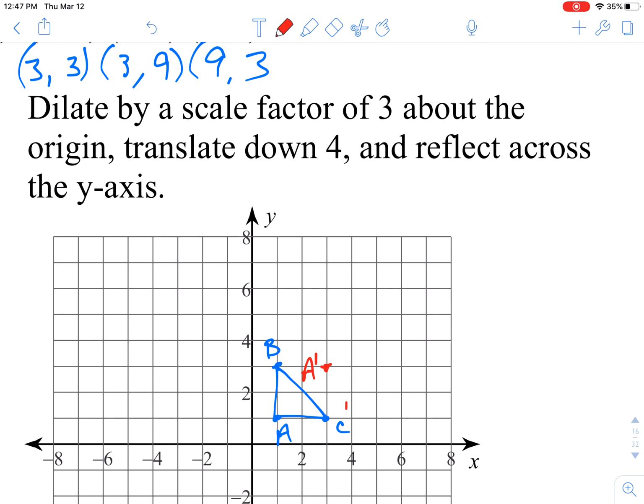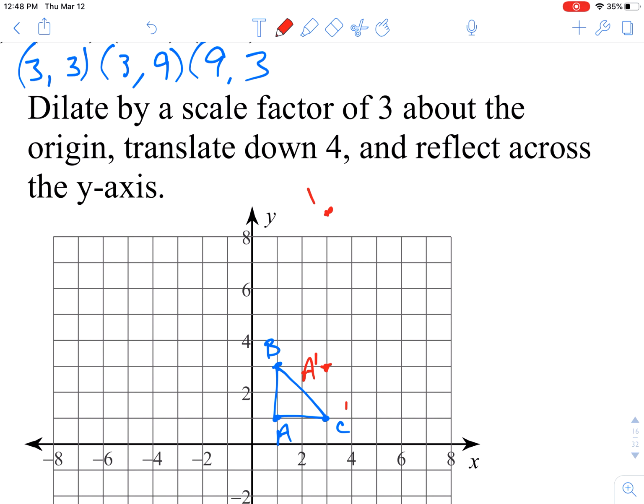And then 3, 9 is here off the graph again. This is B prime. And 9, 3 is here, which is C prime. You're going to connect them, and you should have a dilated shape.